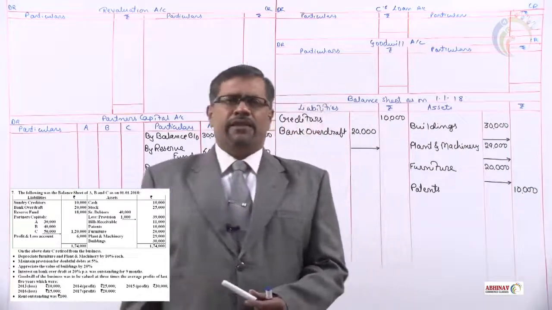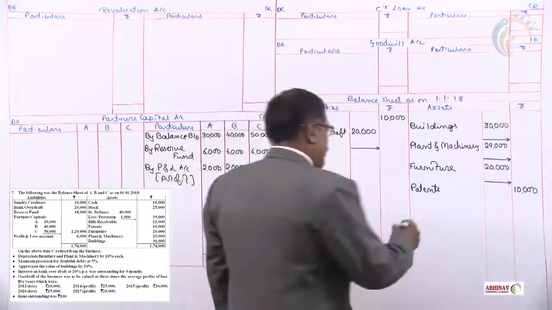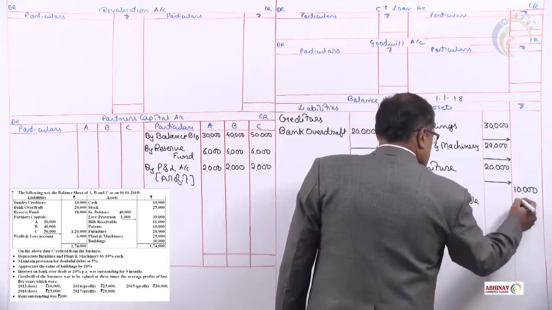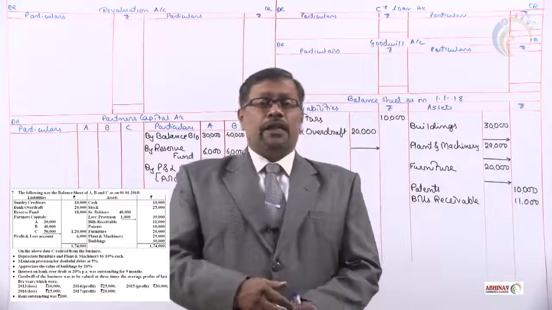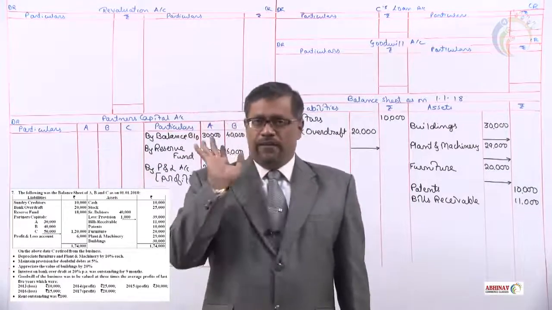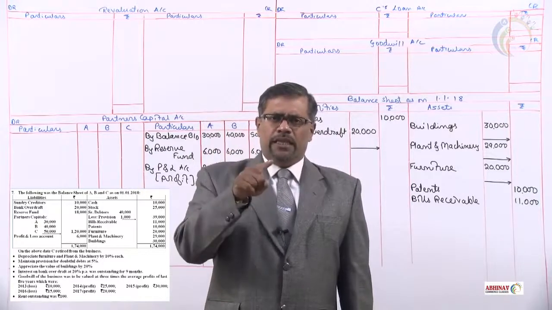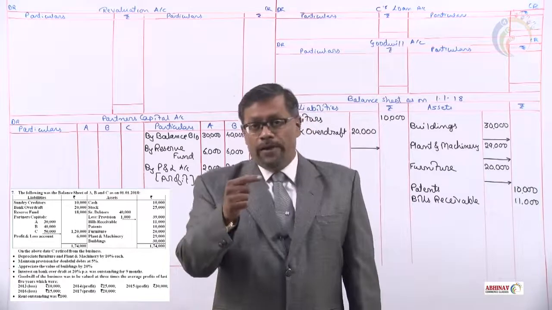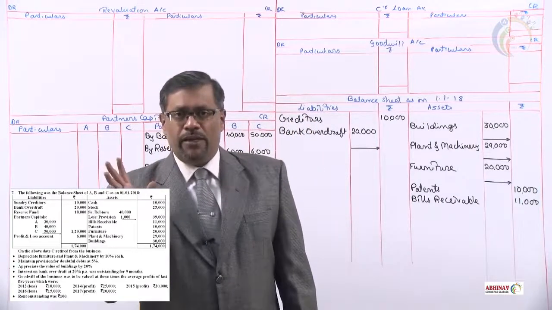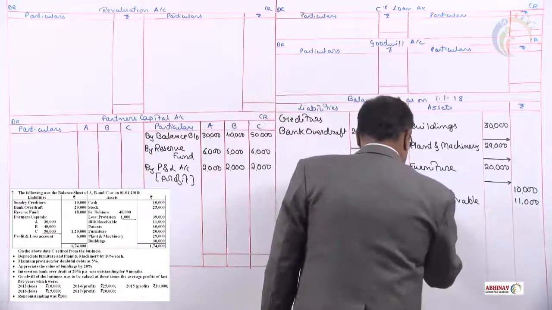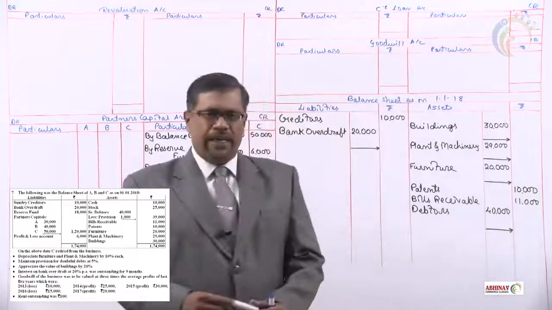Bills receivable 11,000. Again, there is no adjustment at all on bills receivable. That also we will take up in the outer column. Bills receivable 11,000 rupees. Then comes debtors. On debtors we have the provision. So what we'll do is debtors original value in the balance sheet 40,000. 1,000 is minus from that and shown 39,000. We'll take the original value 40,000 in the inner column, and a line will be left to do the adjustment.